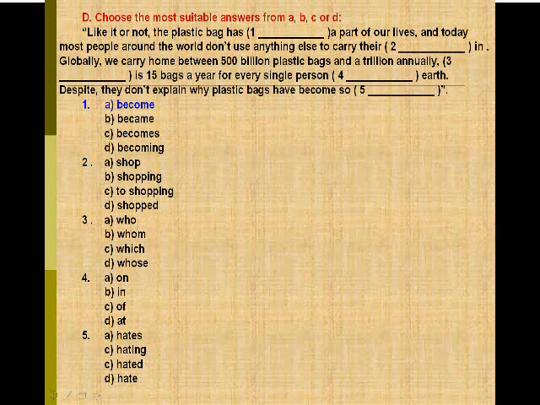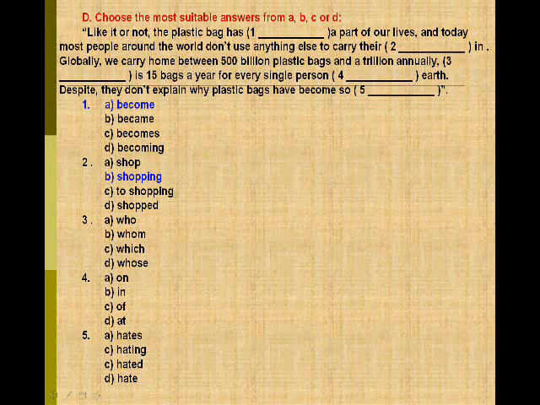So yes, very good. To carry their shopping in. Excellent. Then globally we carry home between 500 billion plastic bags and 1 trillion annually, is 15 bags a year for every single person, earth.